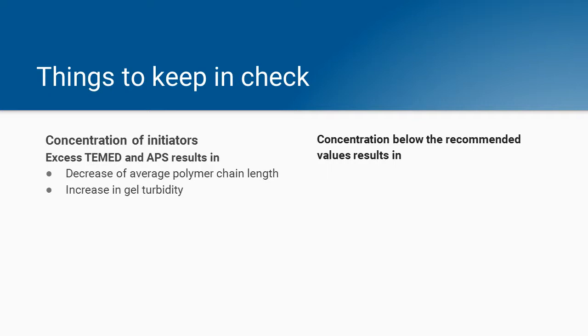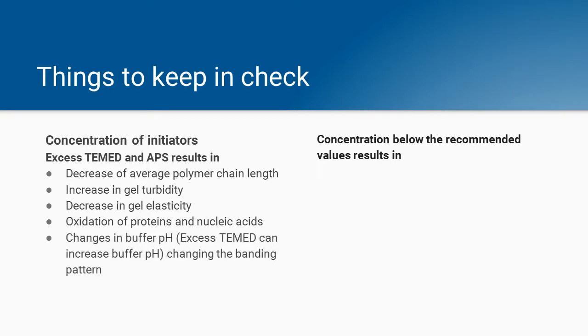The elasticity of the gel will also decrease, and when the elasticity decreases, it becomes rigid and will not be flexible anymore. An oxidation process of proteins and nucleic acids can also happen, which can ruin your protein and nucleic acid samples.